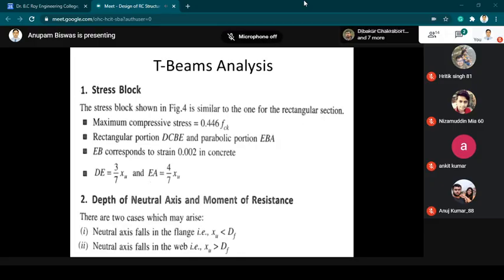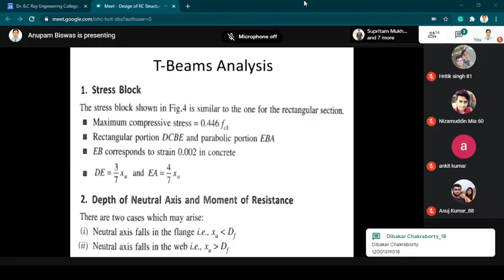Okay, now since we have drawn the picture, let us first see the stress block. As you can see, the stress block above the neutral axis is divided into two portions. One is your rectangular portion, BEDC, and another portion is BAE.